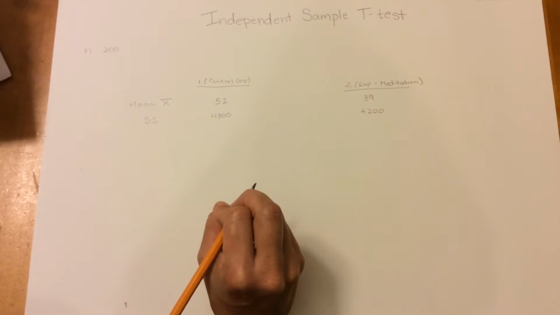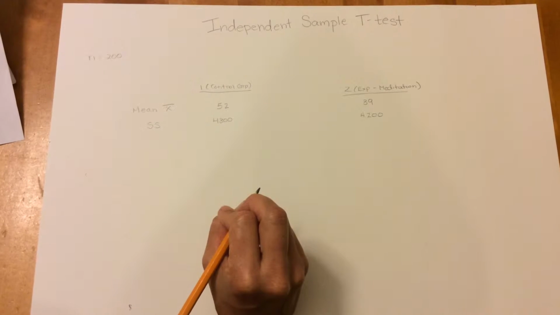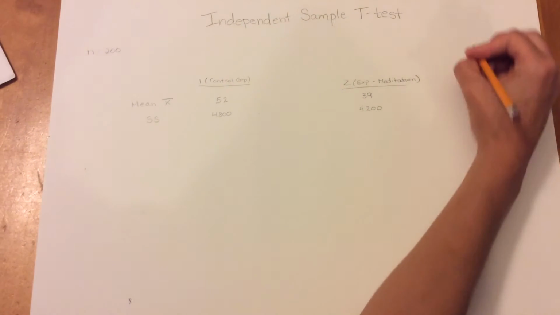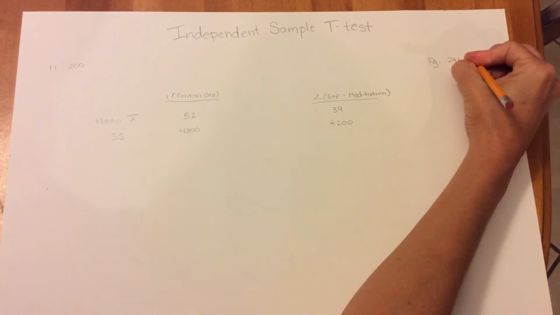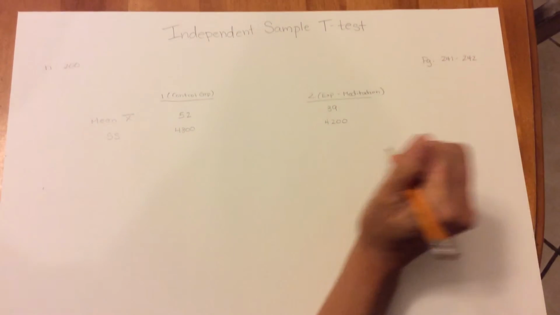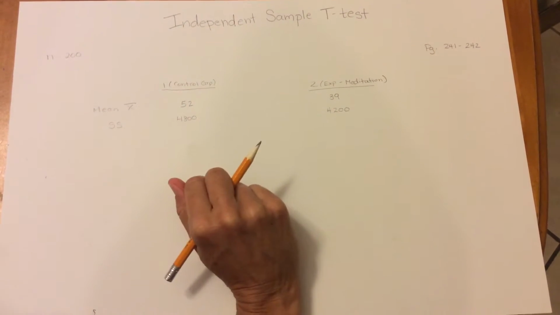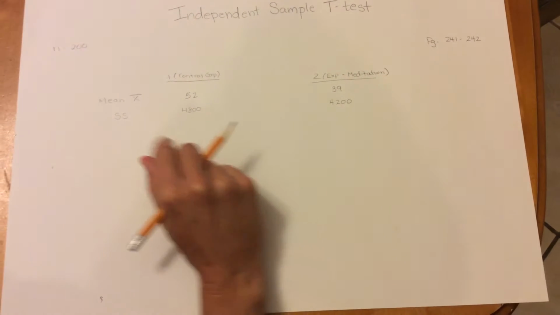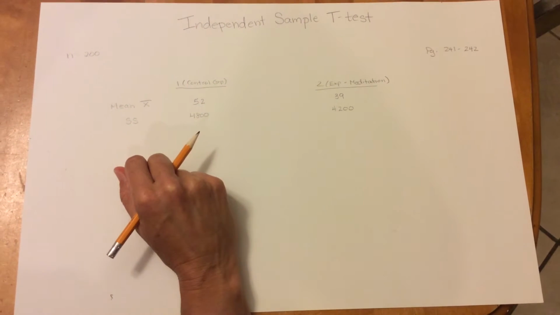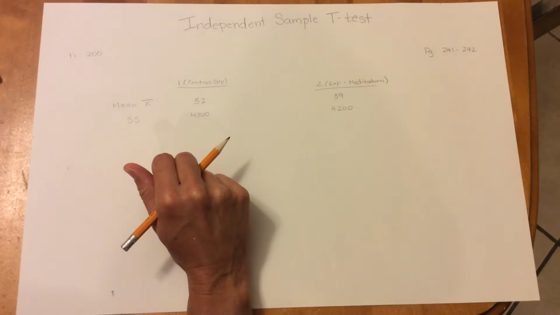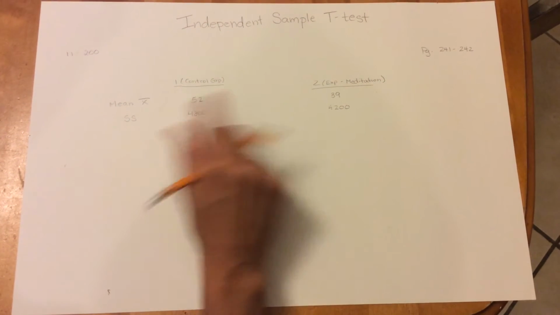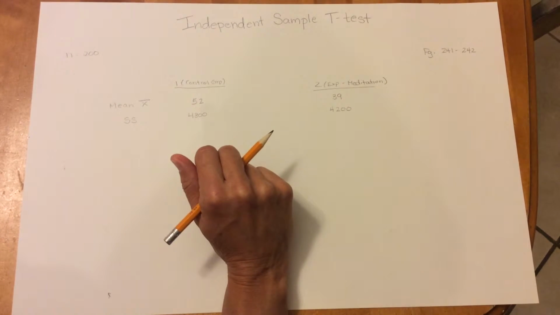Now, there's an example in your book of an independent samples t-test on pages 241 to 242, and they figure things out a little bit differently because they use the variance and the standard deviation. I'm going to use sum of squares, but you can use either when you're figuring out your homework. So whatever is easiest for you, okay?